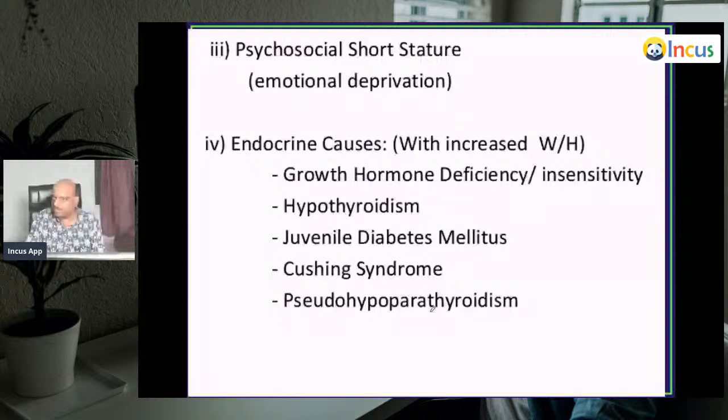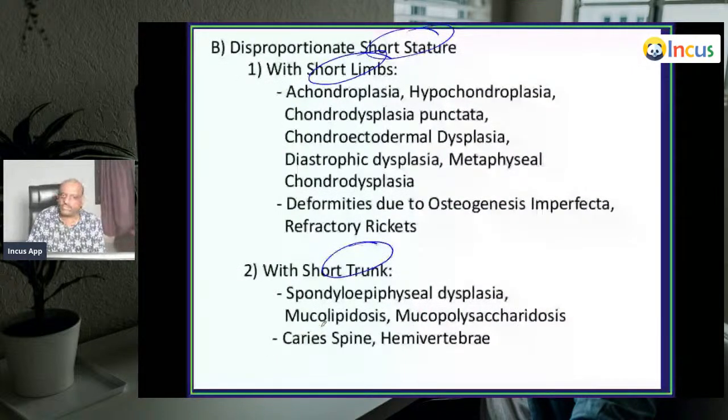Disproportionate short stature: mucopolysaccharidosis, mucolipidosis, they're all with short trunk. Whereas achondroplasia, dysplasia, refractory rickets, they're all with short limbs. That's what it is.